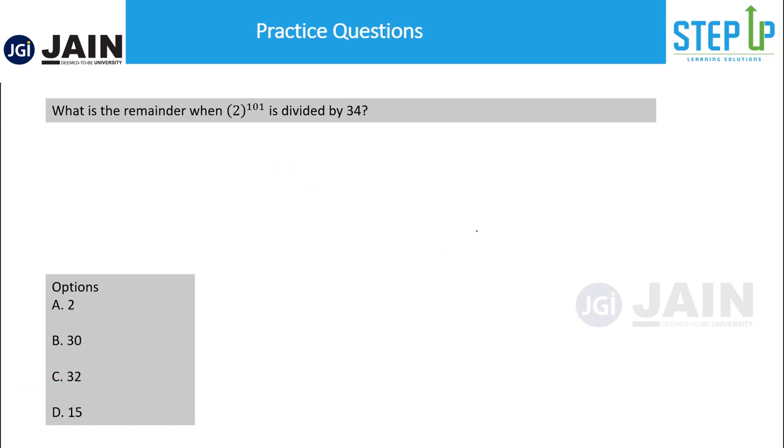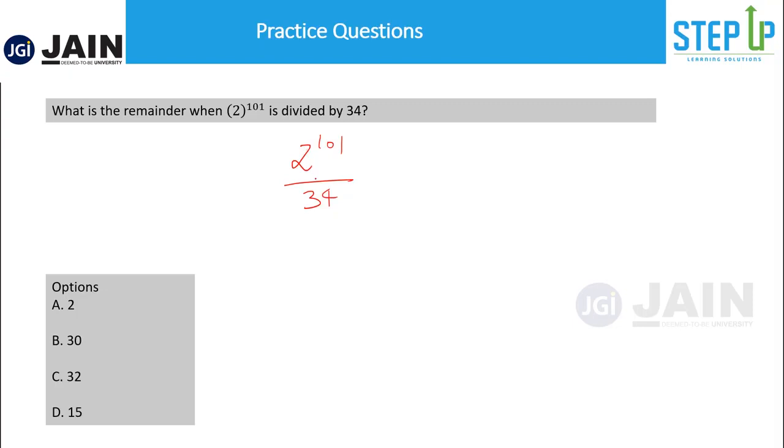Okay. Now this is the last problem, but it has an important concept here. So 2 to the power 101 divided by 34. Now if you actually attempt this question, any power of 2, let's say 2 to the power 5 is 32, and then you have 64, but it is not in the form of plus minus 1.